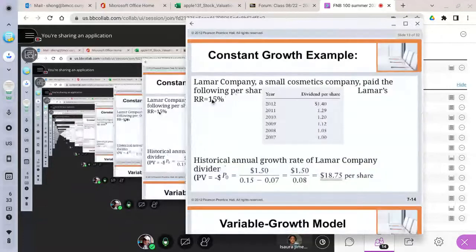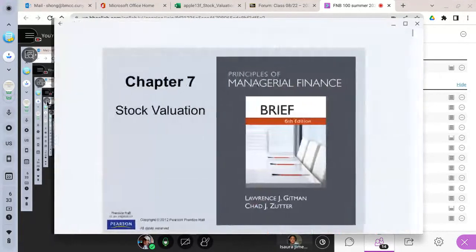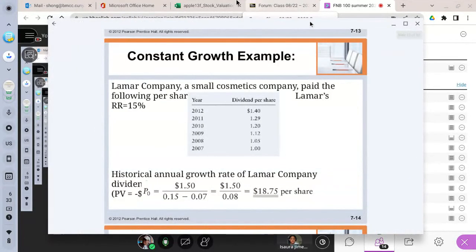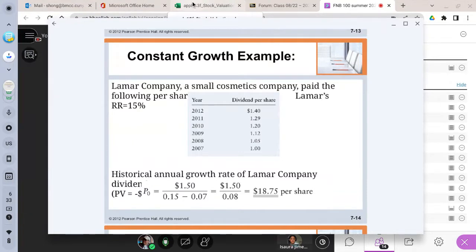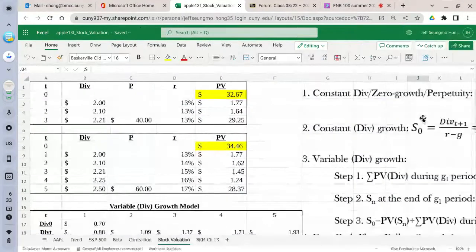Okay. All right. So let's go to this Excel file.